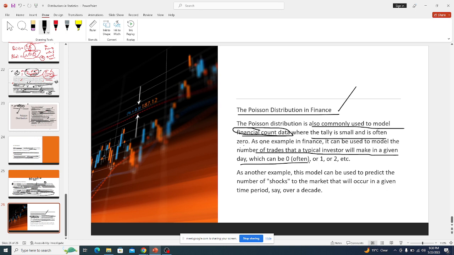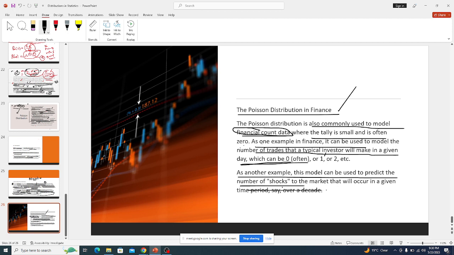As one example, in finance, it can be used to model the number of trades that a typical investor will make in a given day, which can be zero, one, or two. As another example, this model can be used to predict the number of shocks to the market that will occur in a given period of time.